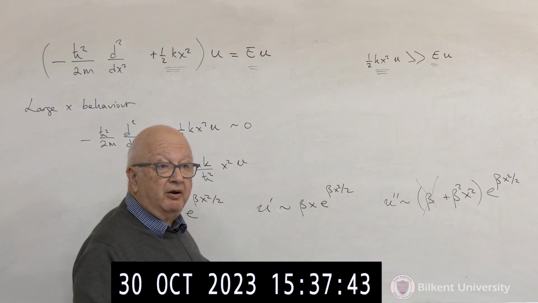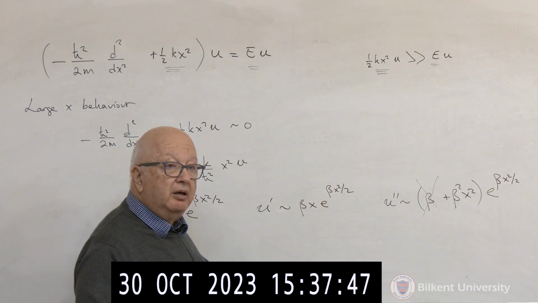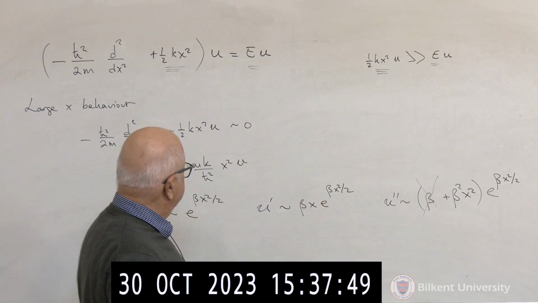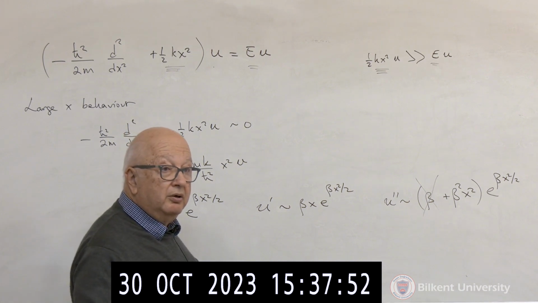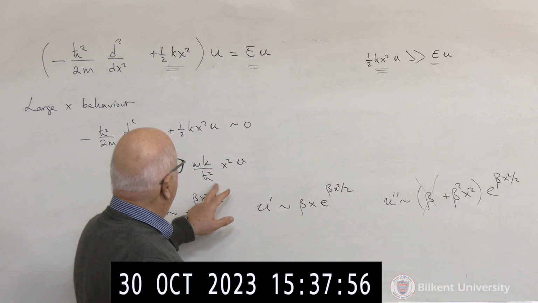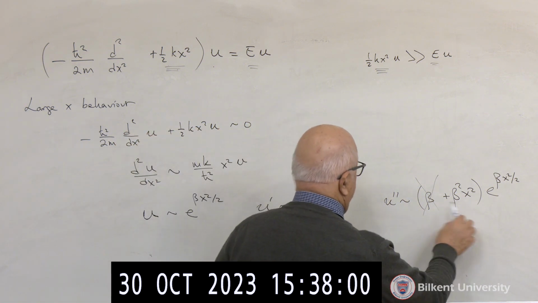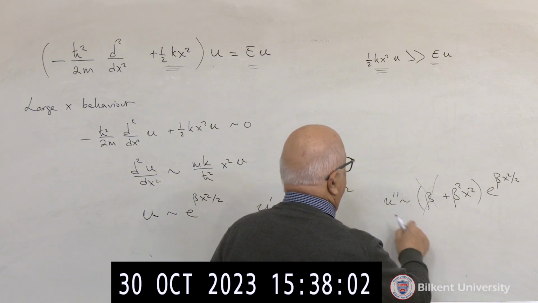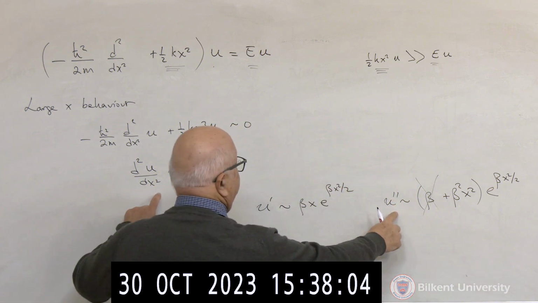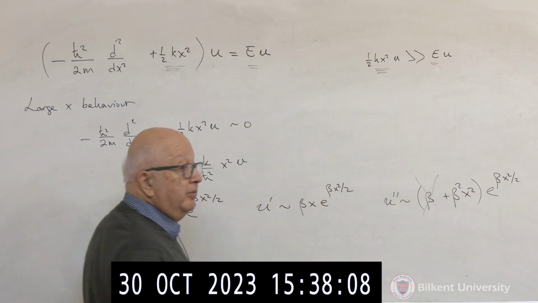Yes? By the way, beta is the coefficient of m k x squared divided by h bar squared, right? No, beta is a constant at this point. Okay, so now we have to identify what that corresponds to. The second derivative of u, as we have seen here, is something times x squared.